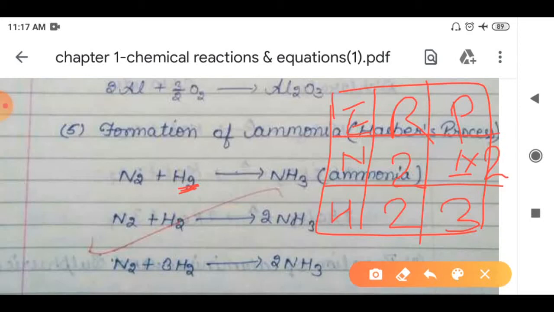So in the first step, wherever nitrogen is present in the product side, just multiply it by 2. Only the one product is there. I am writing here the first step: nitrogen plus hydrogen gives NH3. This was our chemical equation. So wherever nitrogen is present in the product side, just multiply it by 2. So I have multiplied here by 2, right?